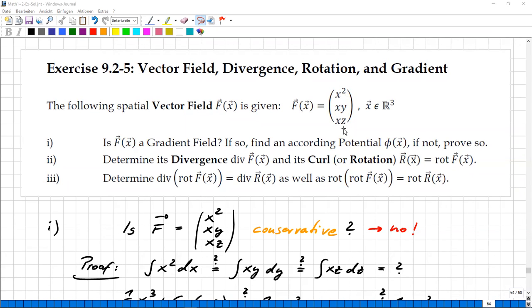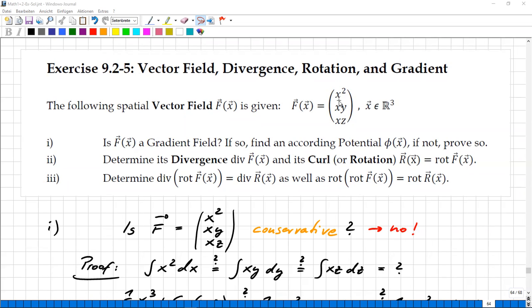it doesn't look as simple as the previous one on the one hand, but on the other hand, it seems to have certain similarity. If you remember, our previous field was simply 2 times the radius vector itself, so it was something like x, y, z. We still have x, y, z inside the corresponding components, but we have an additional factor of x.